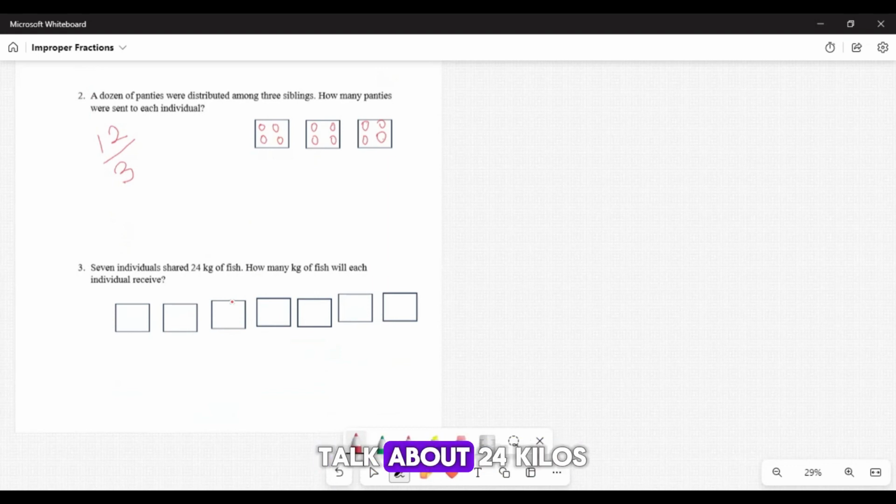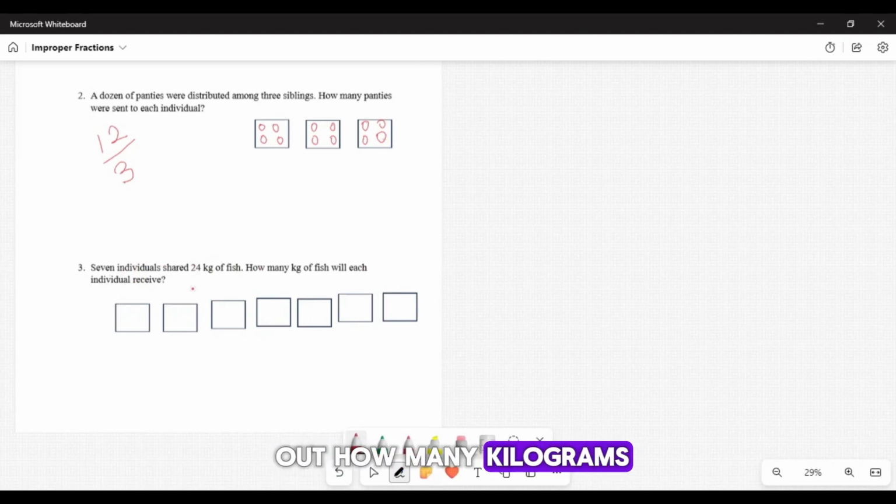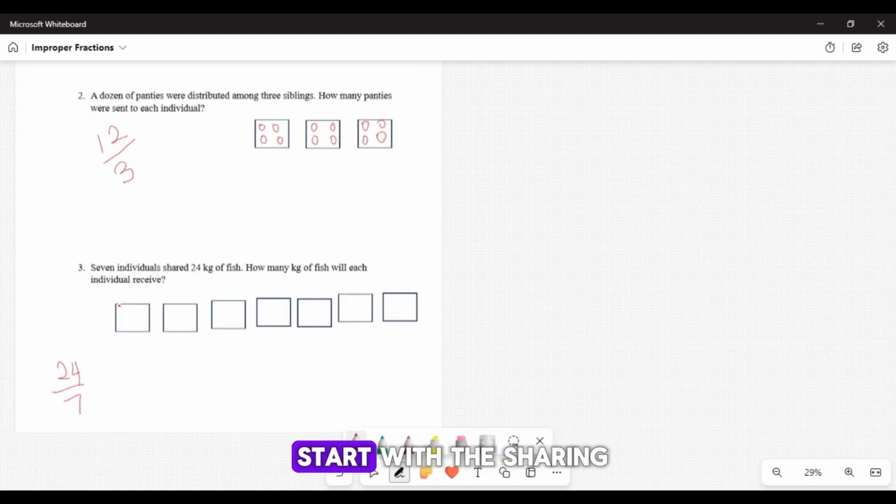So we're taking it as 1 kilo by 1 kilo, 24 of them, shared among 7 individuals. We want to find out how many kilograms each person received. And so it is 24 divided by 7. With this 24 divided by 7, we will start with the sharing. The first person gets 1 kilo.